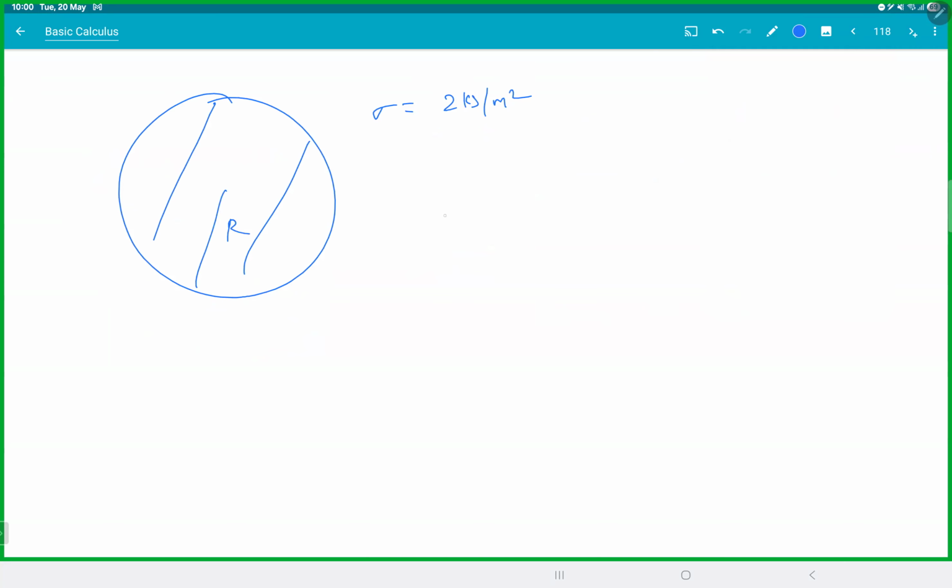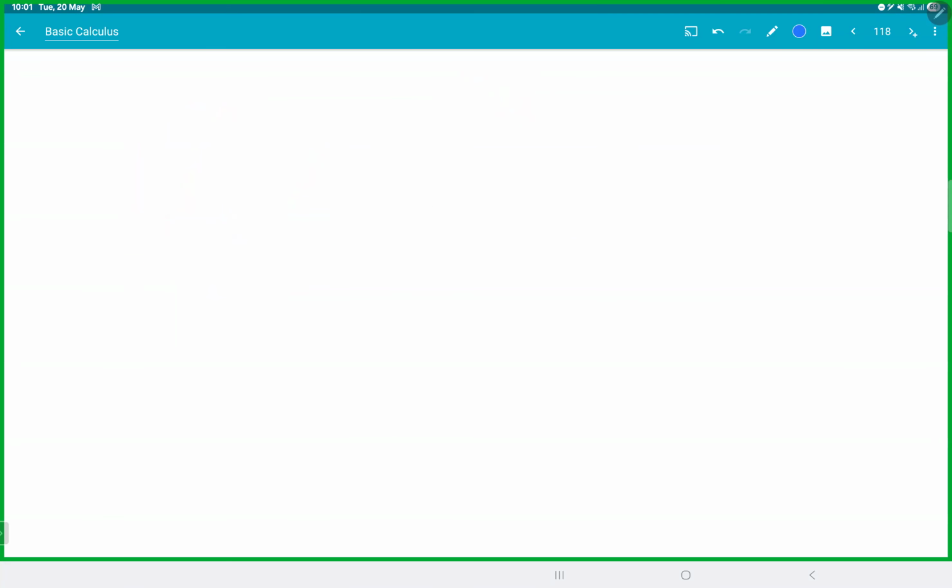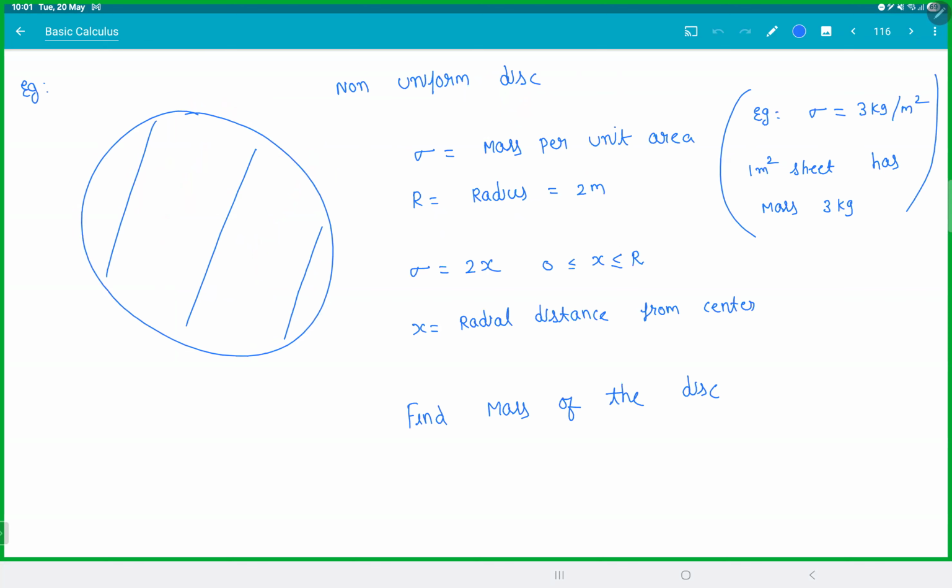And if you tell me radius is r, mass is simply sigma into area. Do you agree with this? Because every 1 meter square is 2 kg, constant, and area of the disk is pi r square. If I multiply into 2, I will get the mass of the disk. Isn't it?